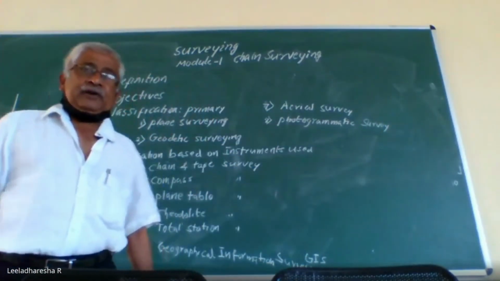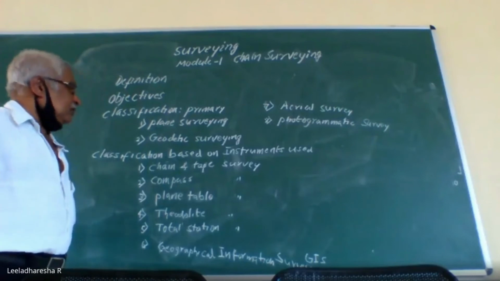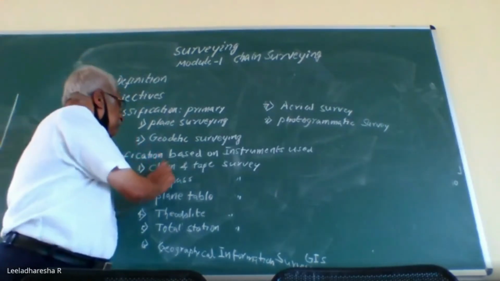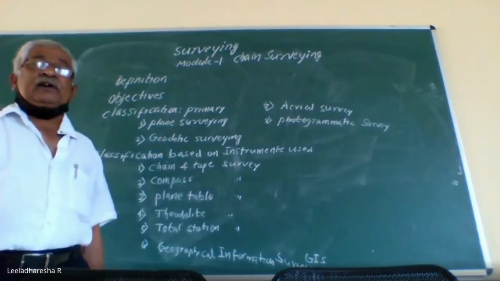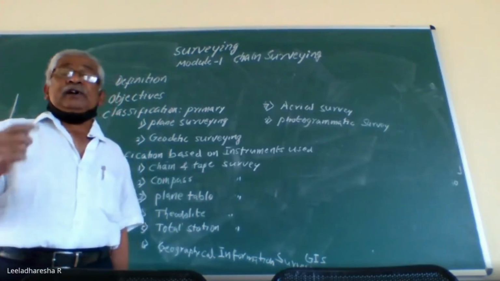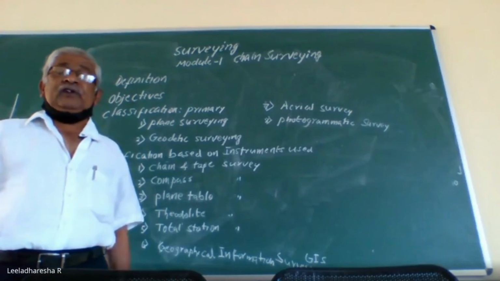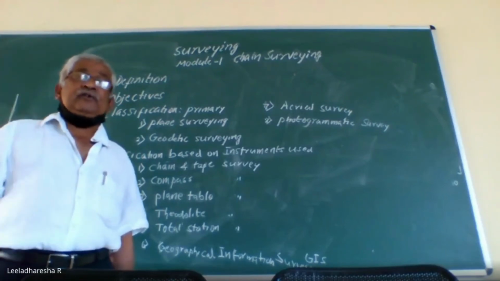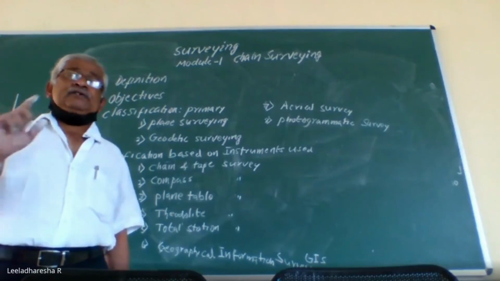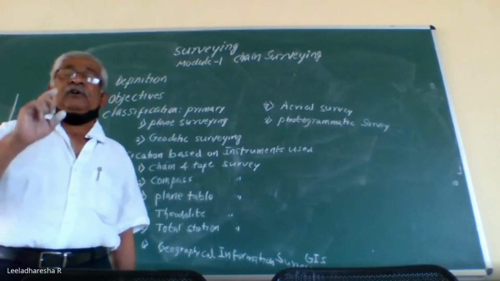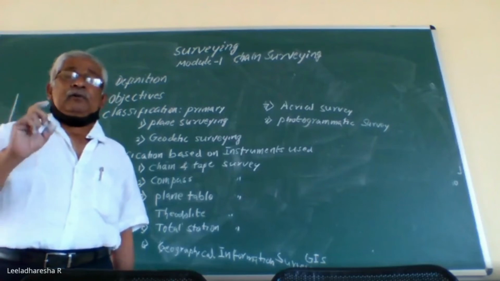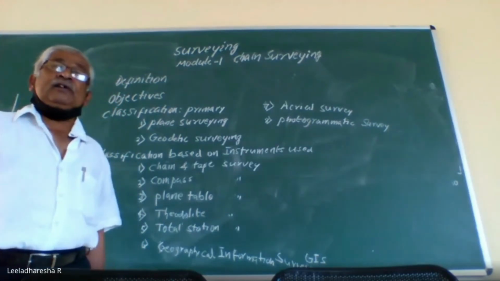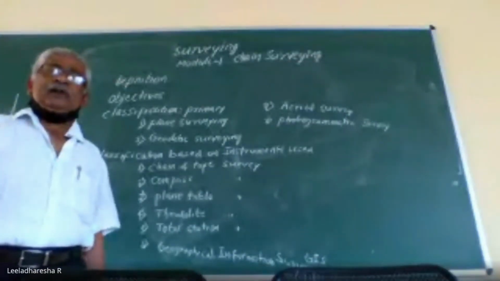So now we'll go into the depth of each type of survey. The first one is very simple. By means of using chain, tape and other accessories, we can carry out the survey. Say for example, I want to measure the distance between 2 points A and B. Then chain, tape, trailing rods and arrows are sufficient to measure that particular length of the line.